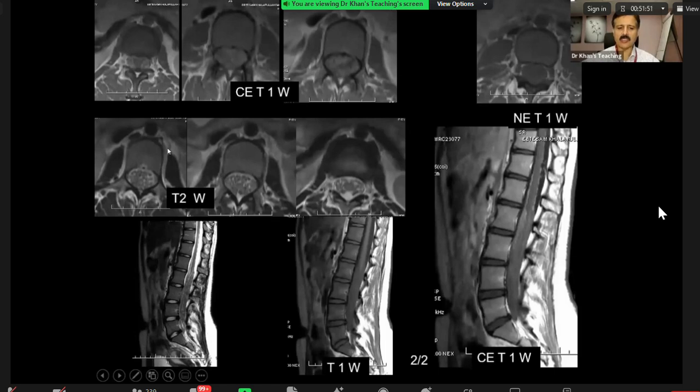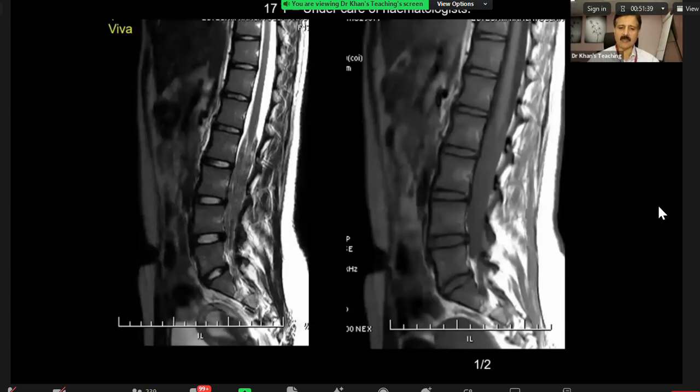So this is a case of, as we have covered in the differential. And interestingly, this was a case of lymphomatous meningitis, a very rare presentation of a lymphoma, which presents here on the nerve roots.